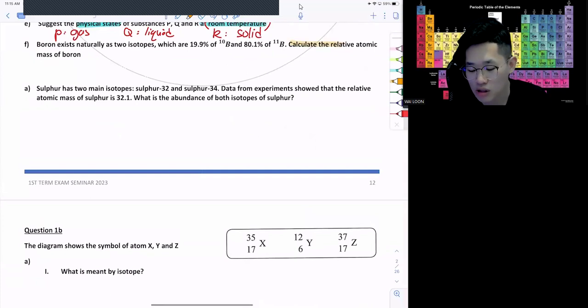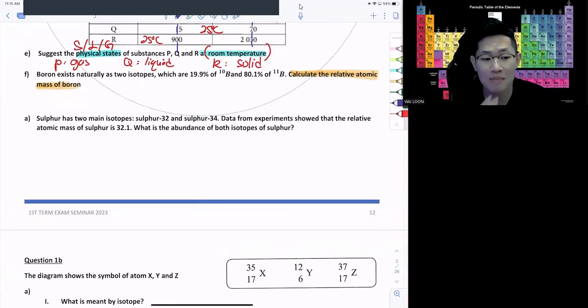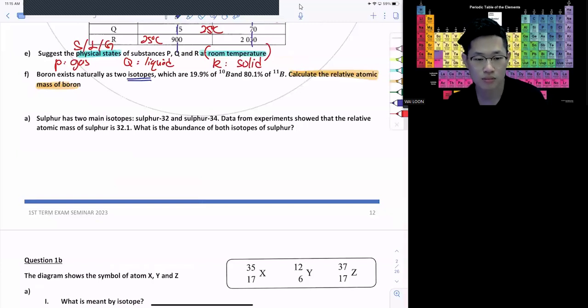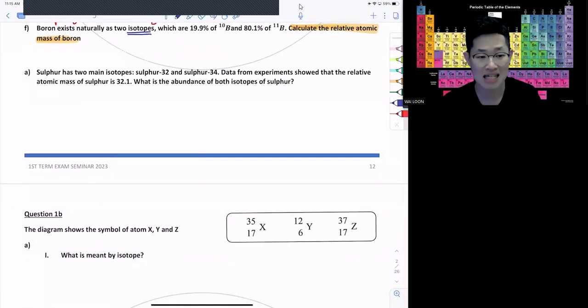When you see they want you to calculate the relative atomic mass, and the question comes together with the word isotope, the method must be like this.